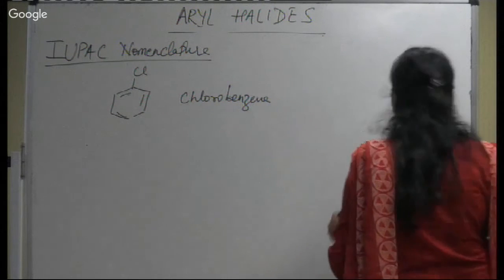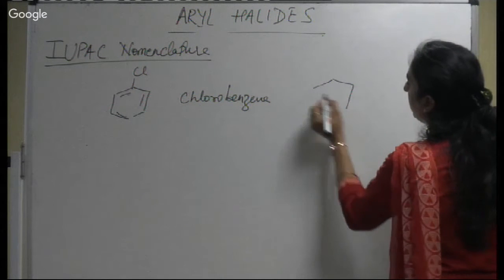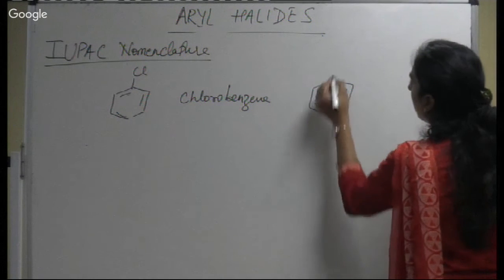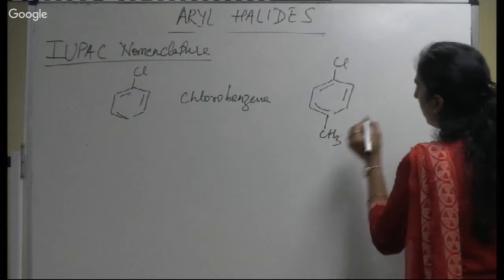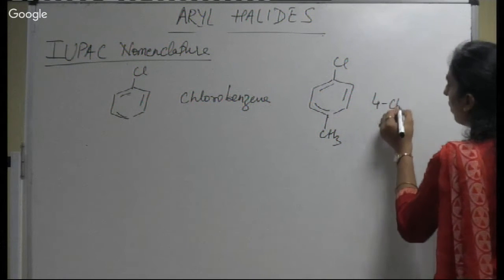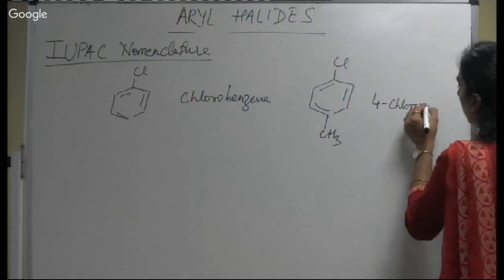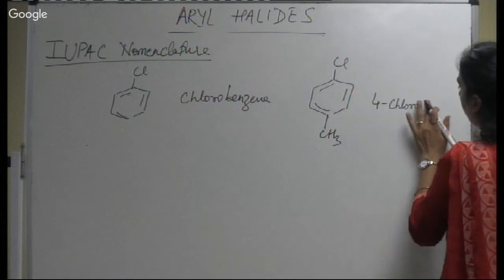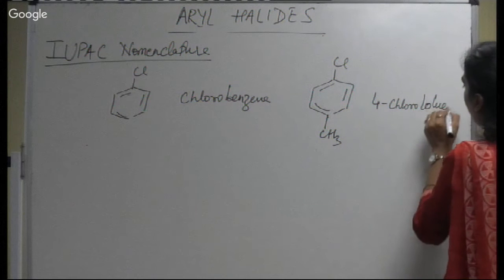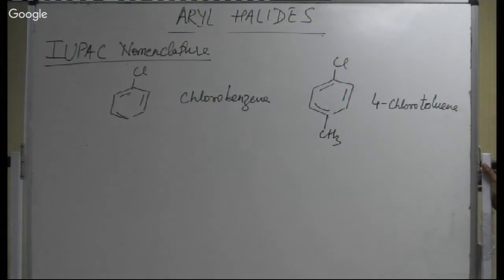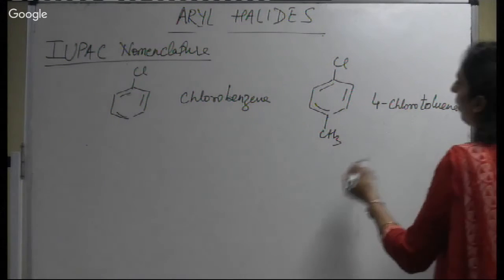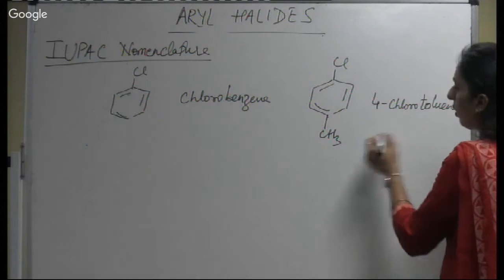Suppose you have another substituent along with the halogen atom, maybe this one. This is called 4-chlorotoluene, because toluene can also be considered as the main compound, the parent compound, or it can be para-chlorotoluene also.